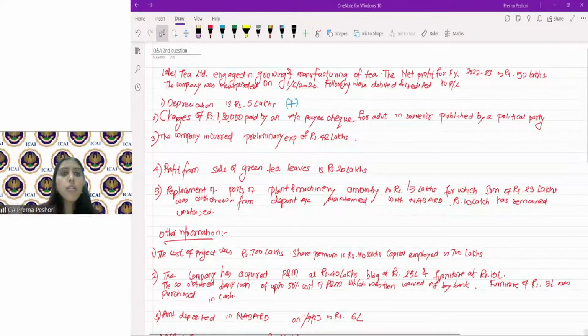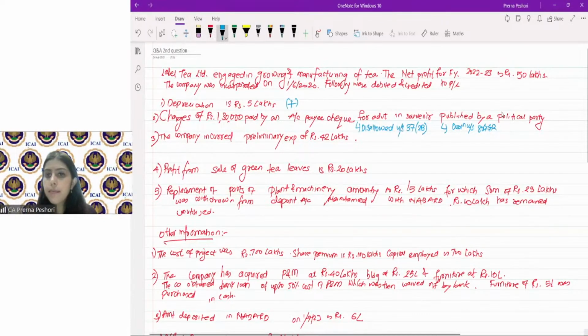So therefore, here this will get disallowed under section 37(2)(b), but allowed as deduction under 80GGB.